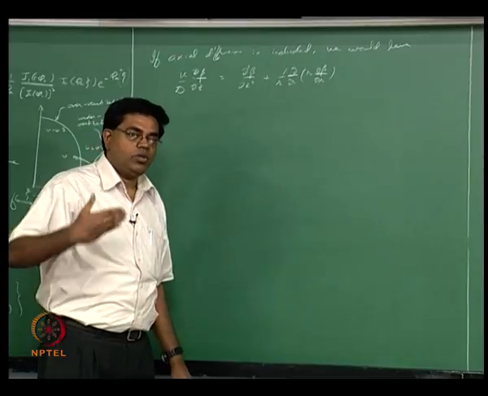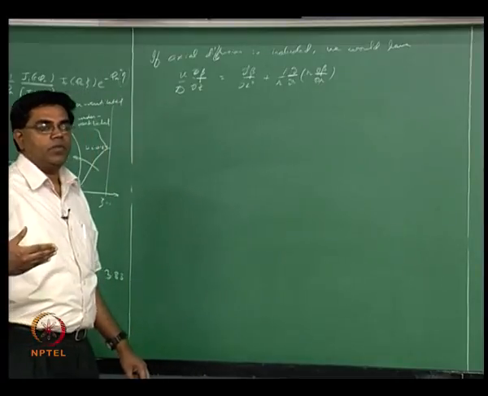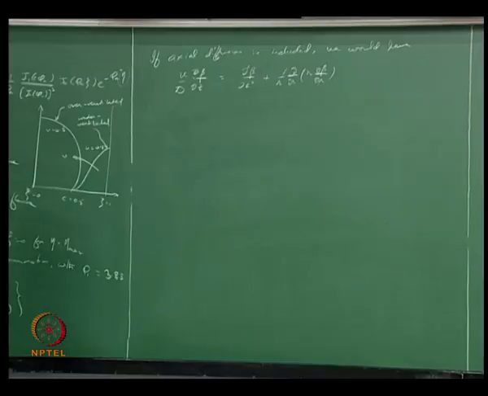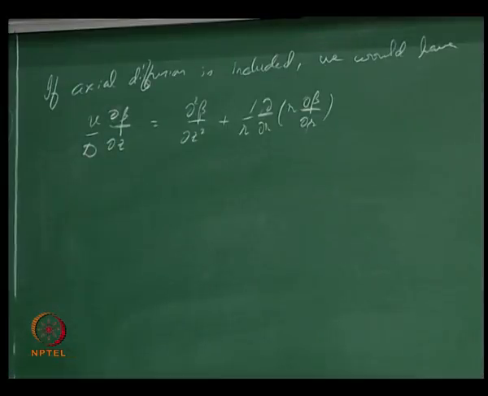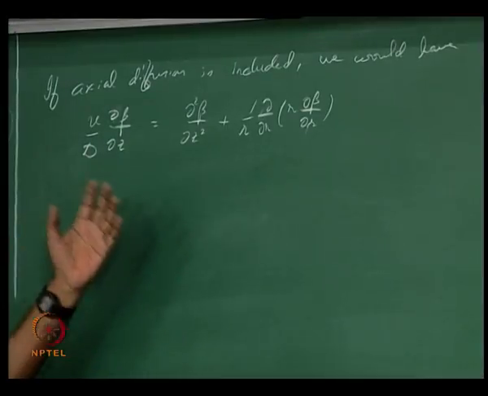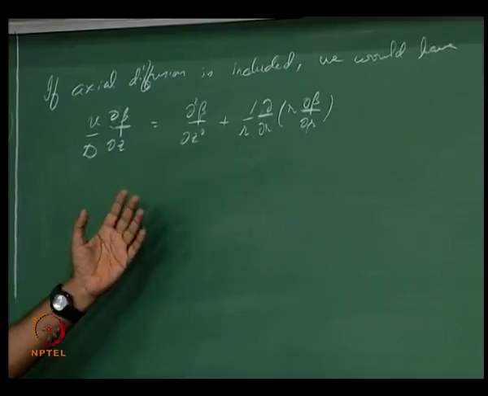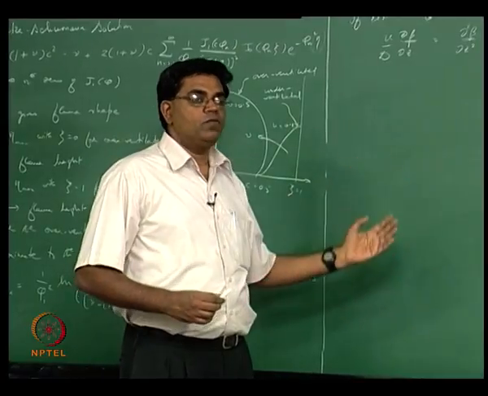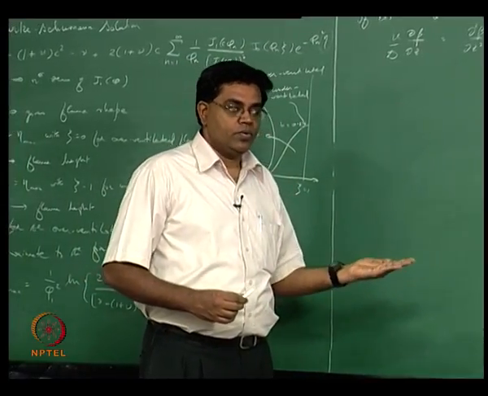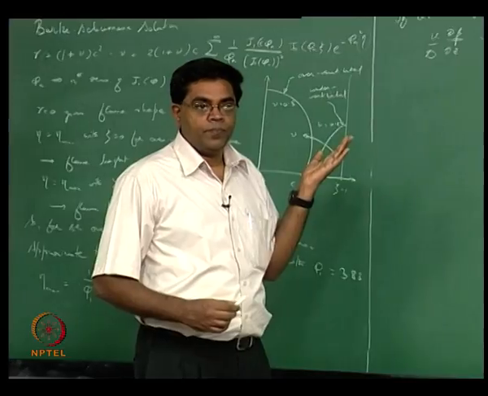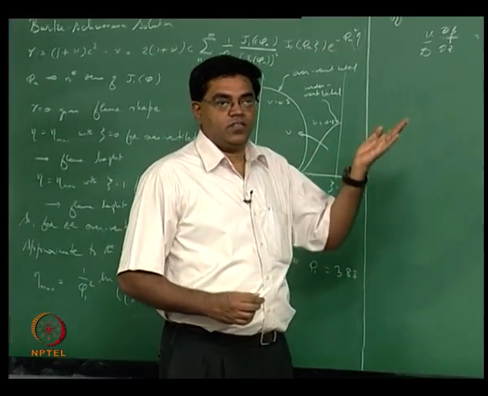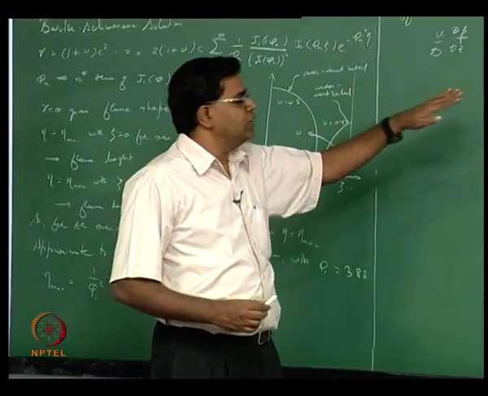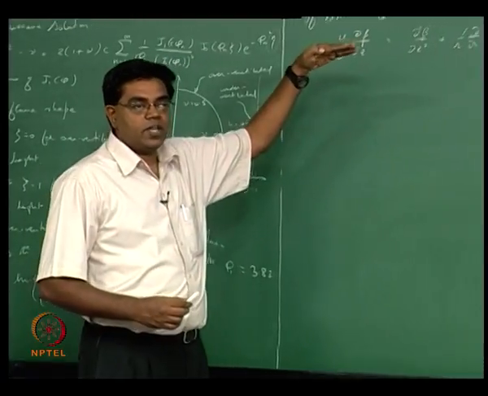Neglecting it reduced the order of the equation by 1, which doesn't permit an additional boundary condition, whereas this one demands an additional boundary condition. That means you have to give two boundary conditions in z. The domain for z is z equal to 0, which we considered earlier, and z equals infinity. So you can now go all the way up to infinity here, and that's where you have to supply the boundary condition.